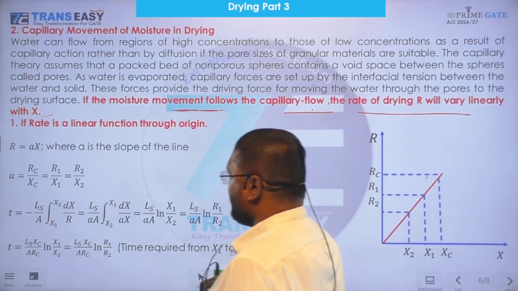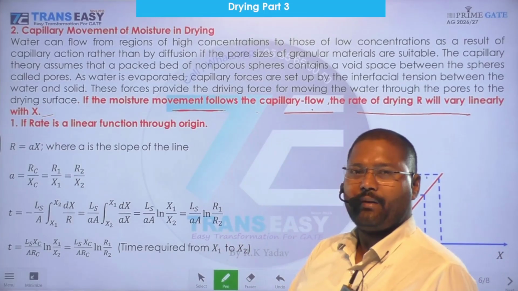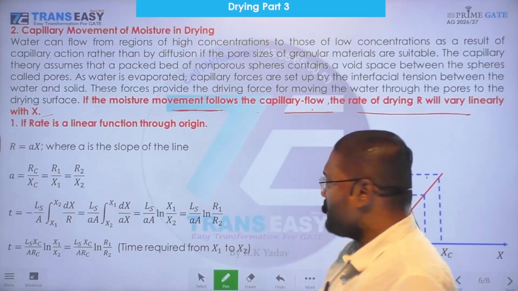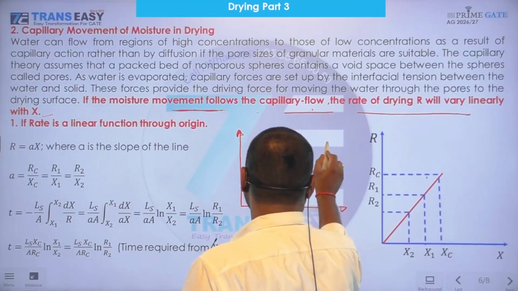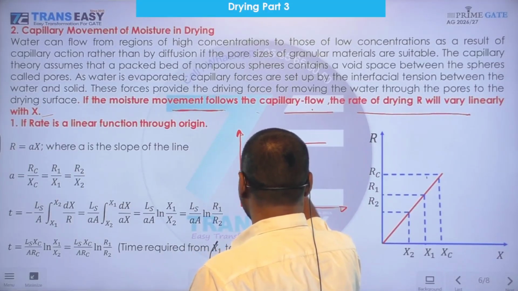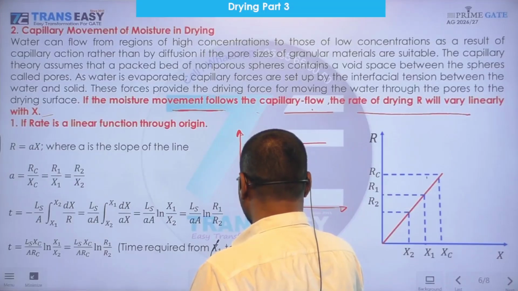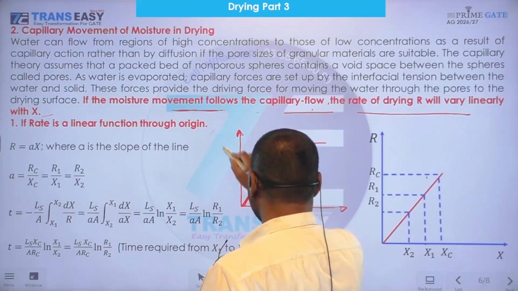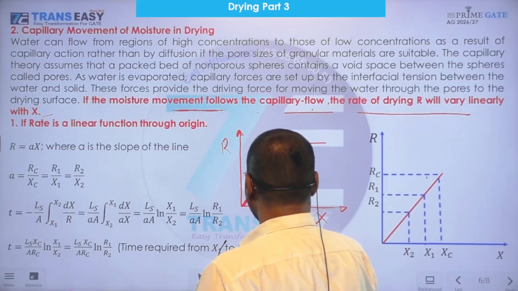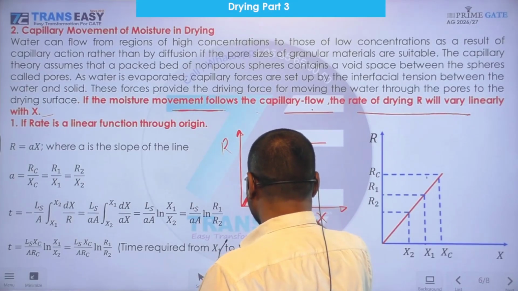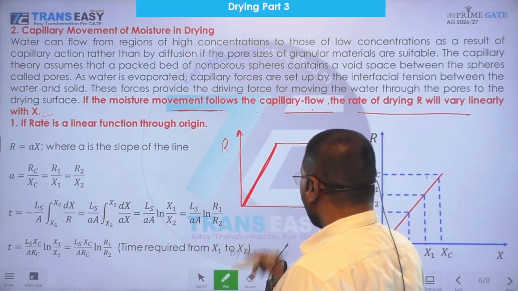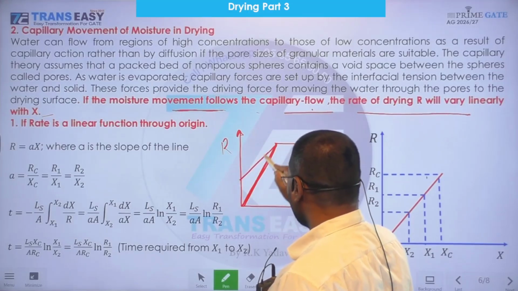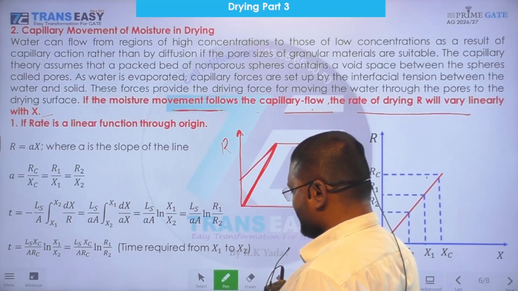So here we have two different possibilities: constant rate drying, and this is falling rate drying period. Here R varies with X linearly. So here this rate of drying curve is passing through origin, and this is in the intercept form. So these are two possibilities.